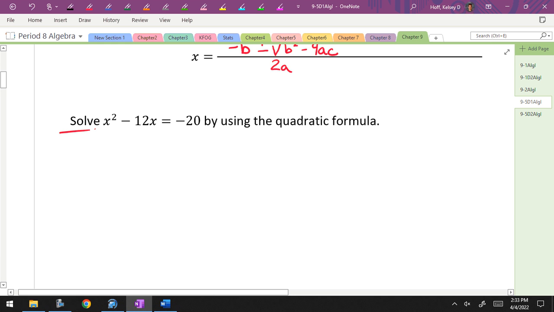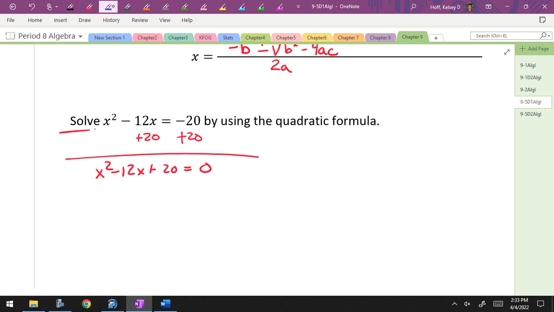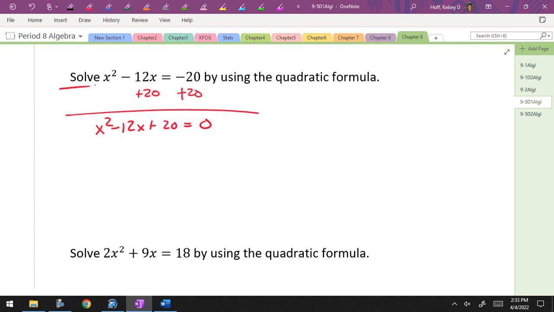Add 20 to the other side. So now what does the left side of my equation say? Equals 0. At this point, stop and identify. A is 1, B is negative 12, C is 20. Okay, so write this out.